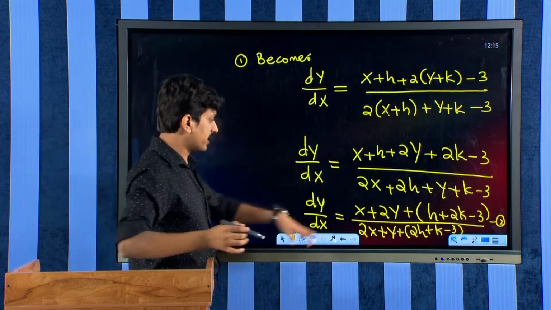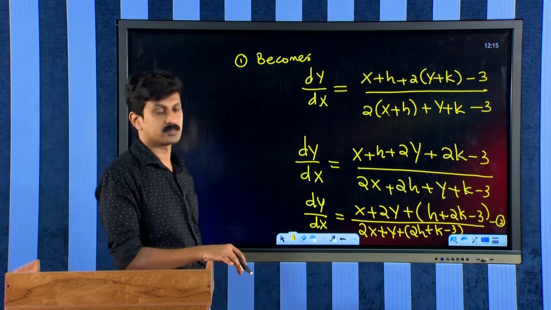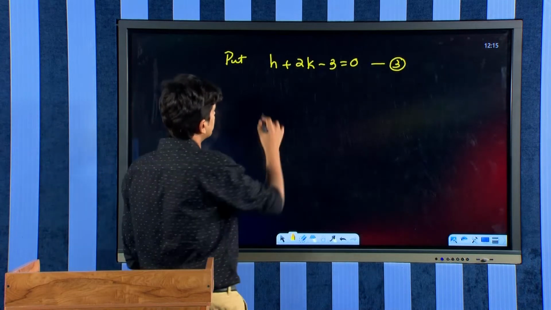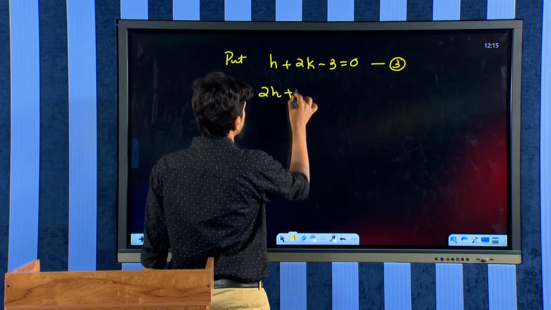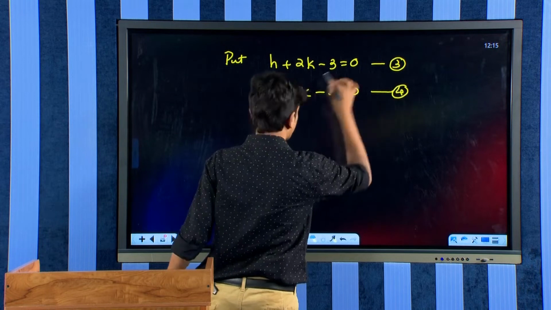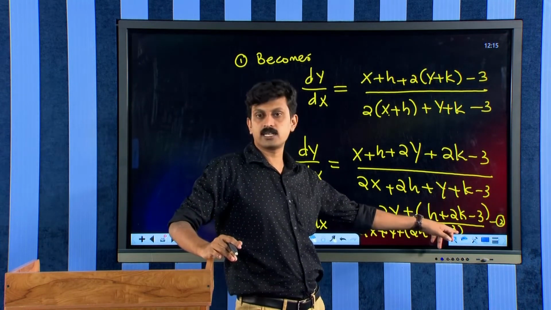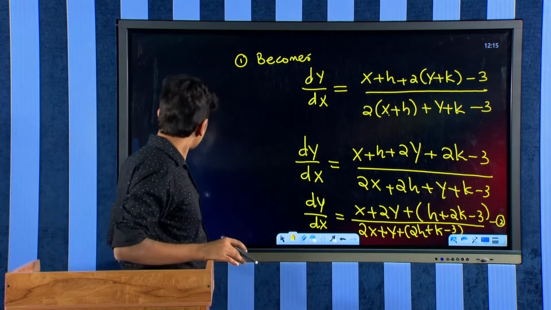Also I consider 2h plus k minus 3 equal to 0. This is equation number 4.